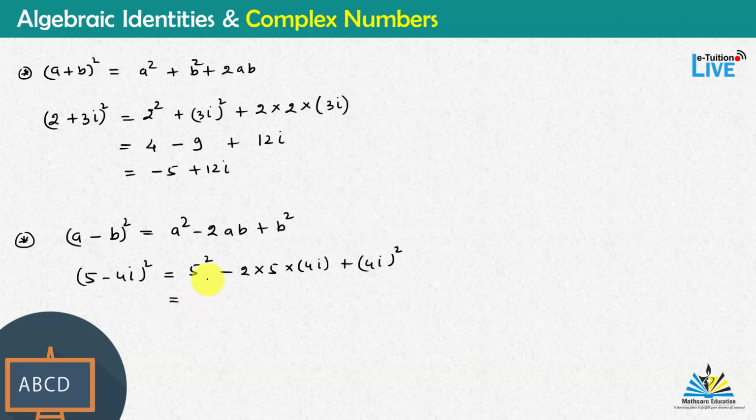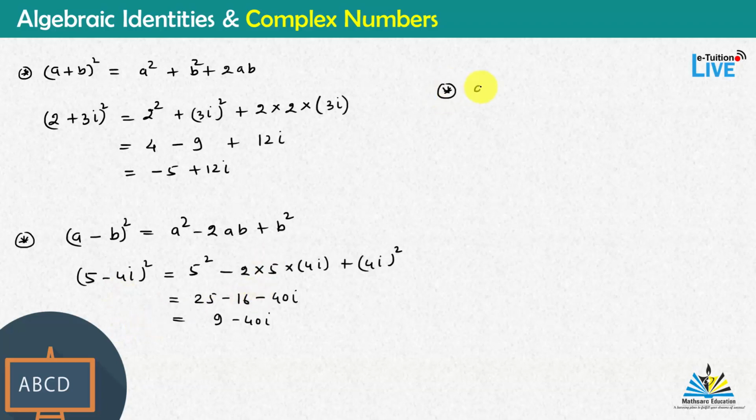So you will get 25 plus 4 iota whole square, that is minus 16. Here you will get 5 into 2 into 4, 40 iota. So this is 9 minus 40 iota, the square of this.